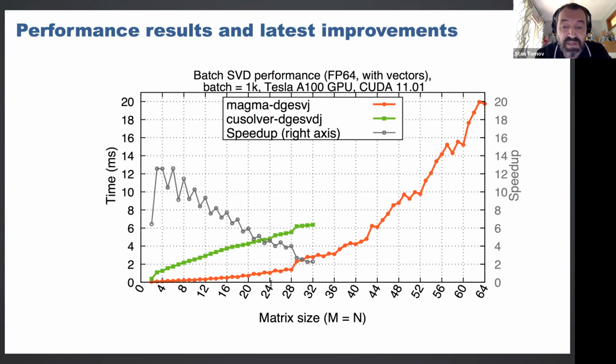Of interest are very small sizes. We can see here the speedup on the right axis given by this curve. So for small sizes, the speedup that we achieve is about 12, going down to 2 for larger problems.